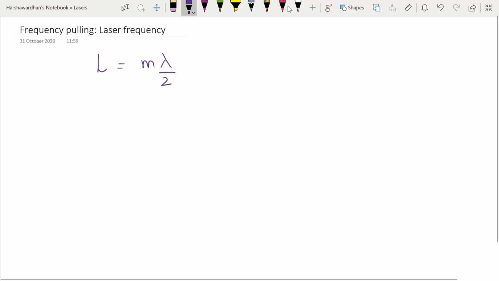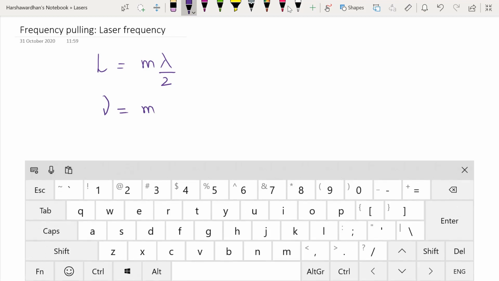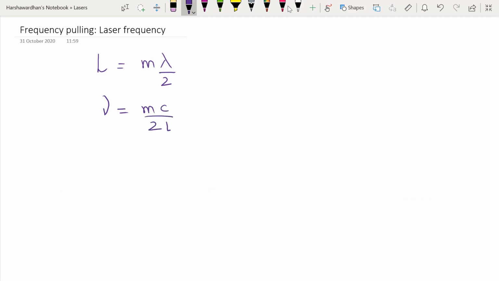So you see, I can write down my frequency as m times c by 2L, right? And this is what I would define as nu m, or these are the bare cavity modes. That is, I have an empty cavity without any active medium, and these are the frequencies which are supported.